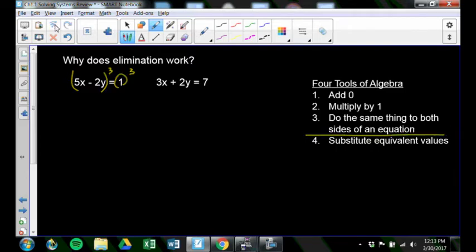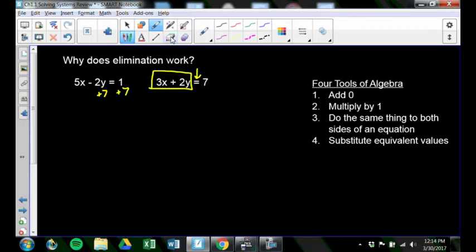Well, one thing I could do, and this is actually going to be kind of helpful, is I could add 7 to both sides. And right now you look at that, and that doesn't look very helpful, because I get 5x minus 2y plus 7 equals 8. But I know that 7 is 3x plus 2y.